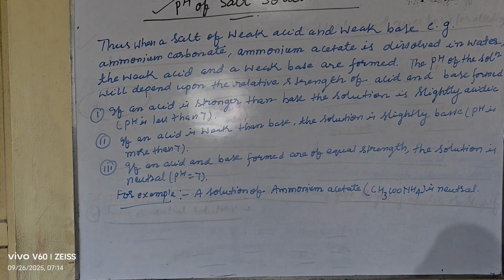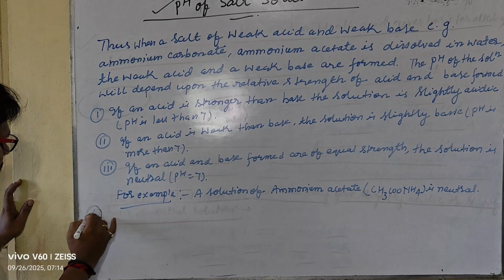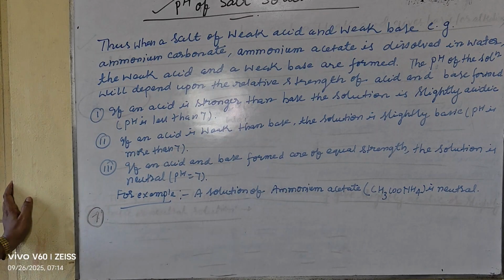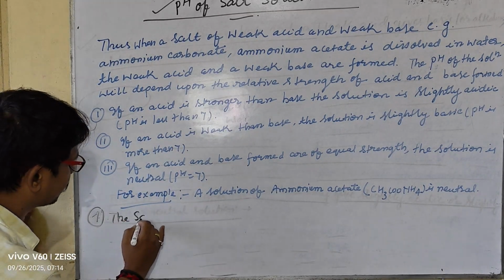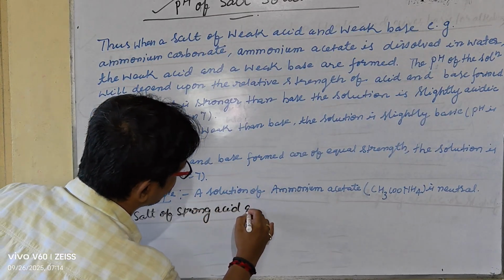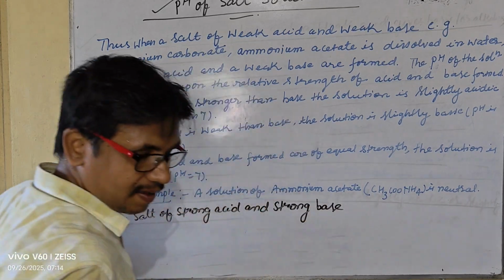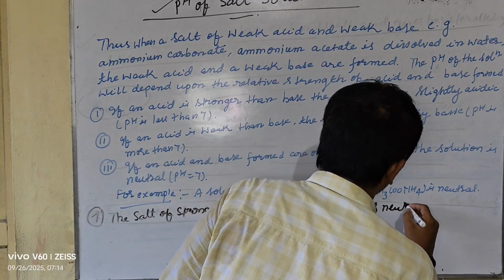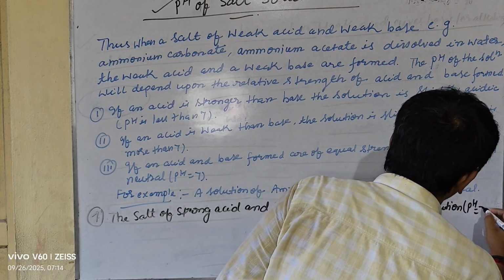The last one, the fourth number, is the salt of a strong acid and a strong base. The salt of a strong acid and a strong base gives a neutral solution, pH is equal to 7.